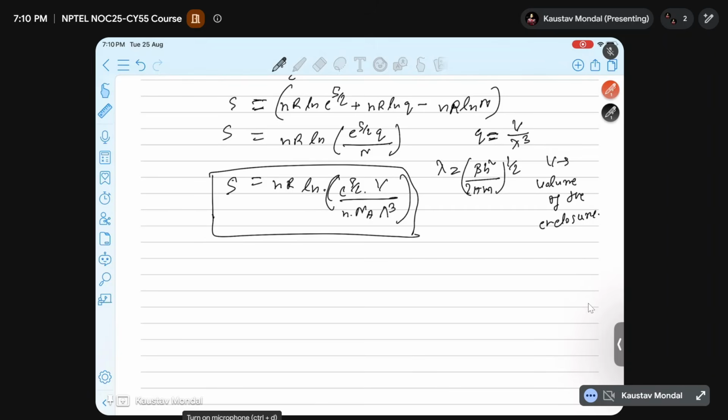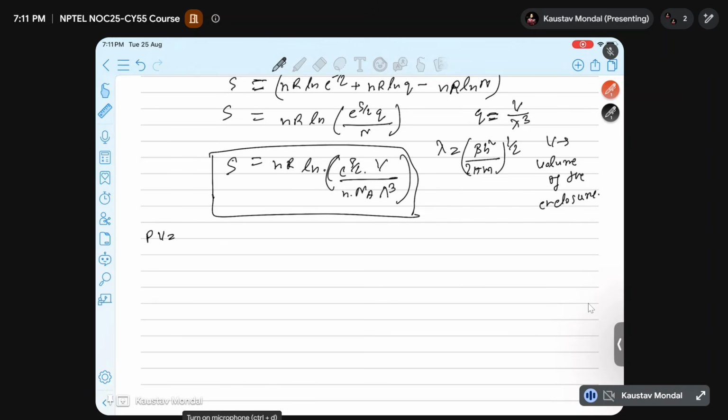You can also write it in terms of pressure. Here you have written it in terms of volume. We know PV equals nRT, right?